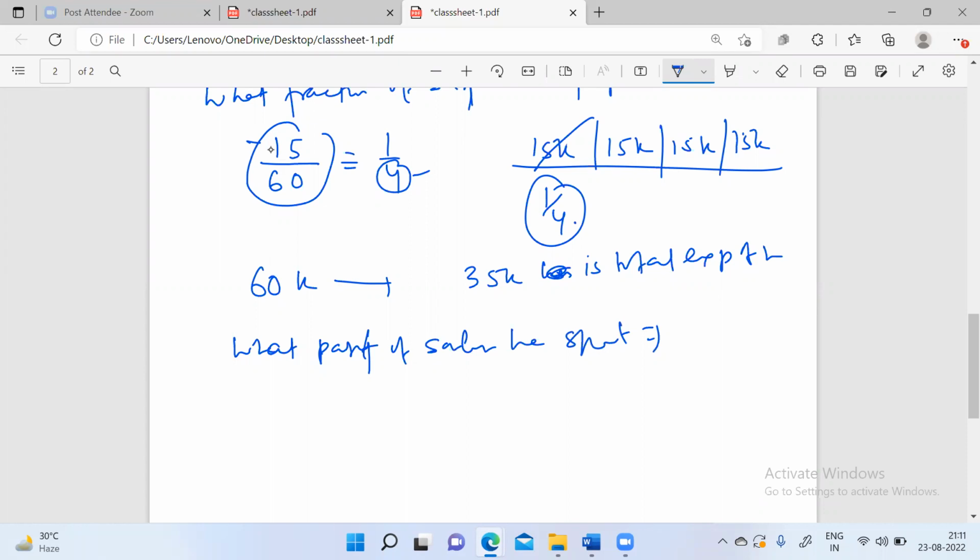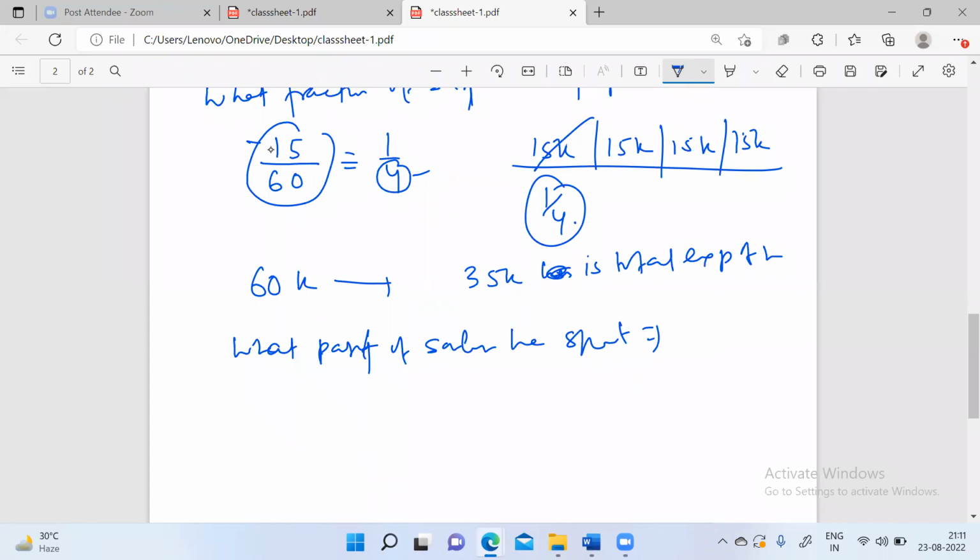Could you repeat the question? 35K is spent on the monthly expenditure. The entire expenditure of that month was 35,000. If I ask what part of the salary was spent, what will be your answer? You're asking what part of salary is spent on what?